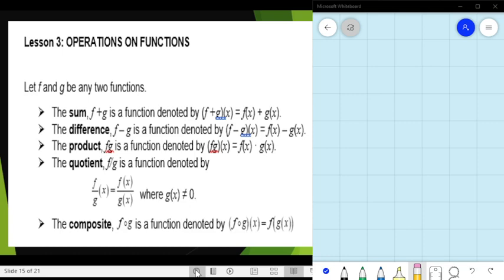So we have here, let G and F be any two functions.